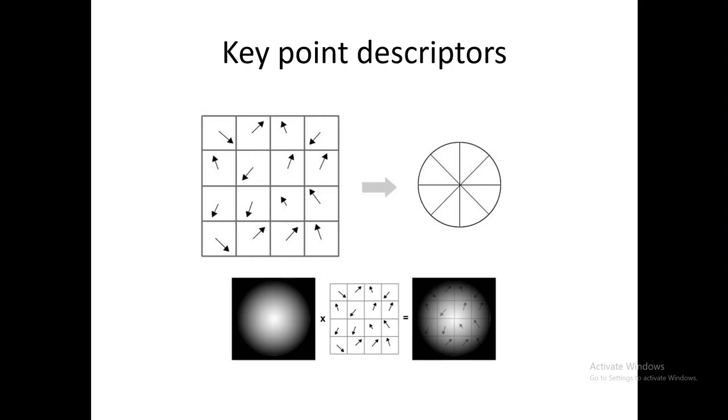The farther away from the center keypoint, the lesser the magnitude will be. Any orientation near the center will have a bigger magnitude, and the farther orientations will have less magnitude. That means we get weighted orientations here.